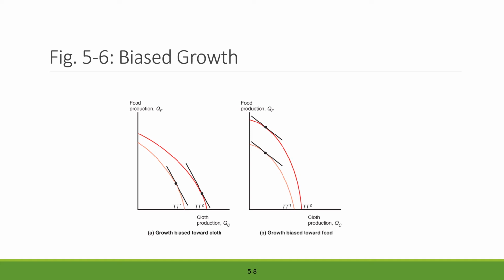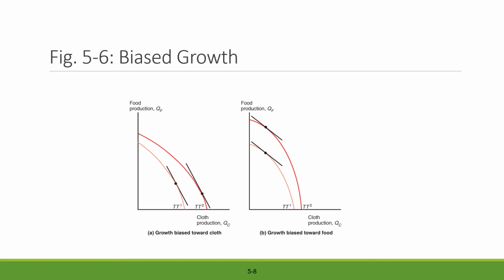The first production possibility frontier, TT1, is the same in both the economies except for the ISO value line. The ISO value line is different, but the production possibility frontier is the same in both graphs.